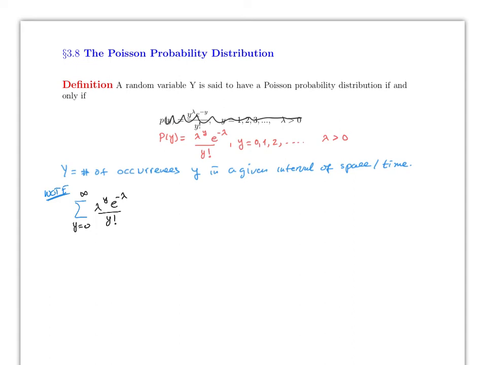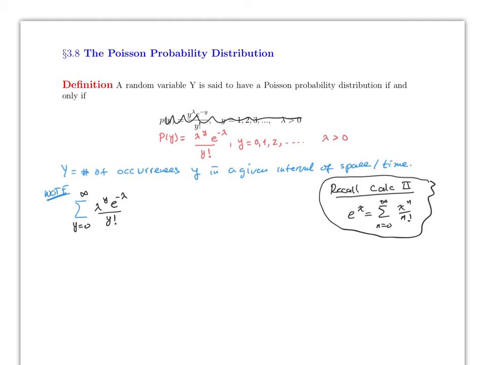To show that, recall from calculus 2, which I know it's been a while, that e to the x is equal to the sum from n equals 0 to infinity of x to the n over n factorial. This is one of the last things you do in calculus.